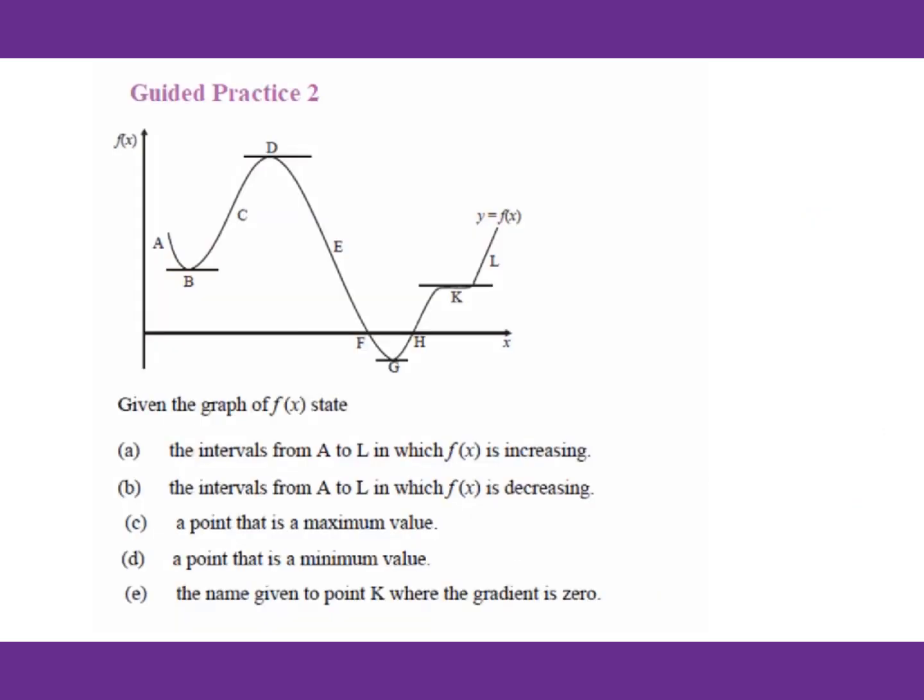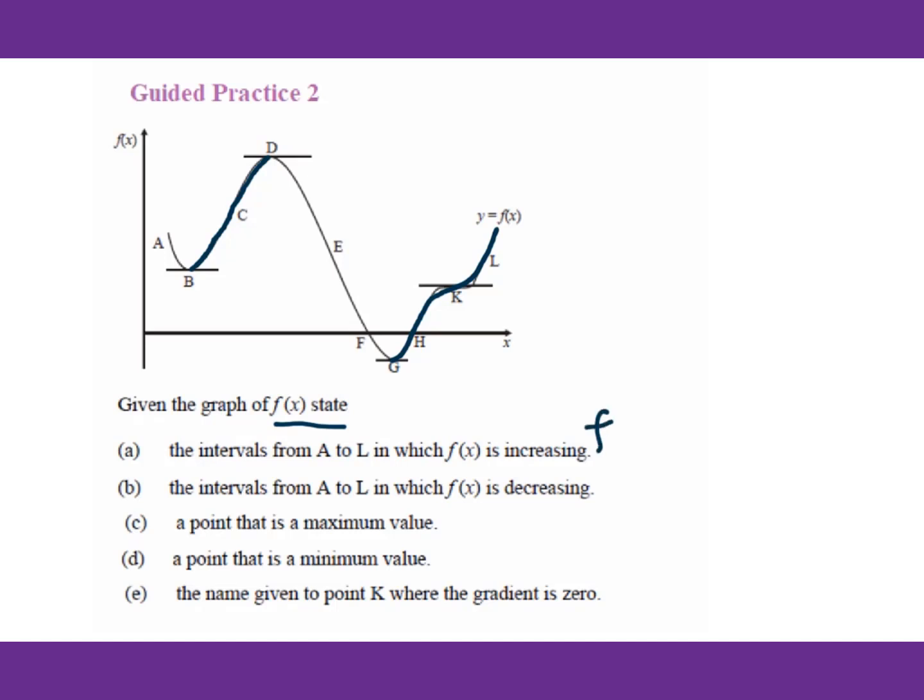Let's go to guided practice 2. Given the graph of f of x, state the intervals from A to L in which f of x is increasing. This is increasing, then from here it's increasing.